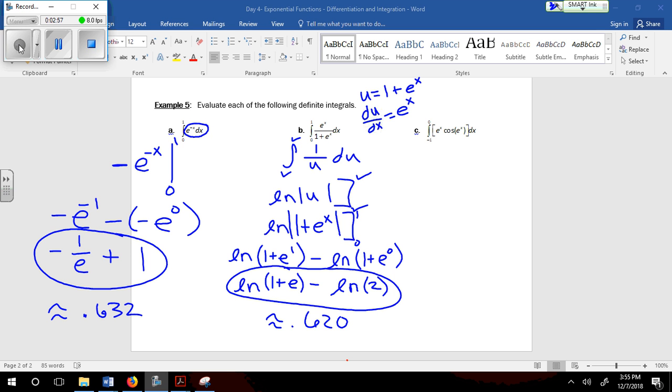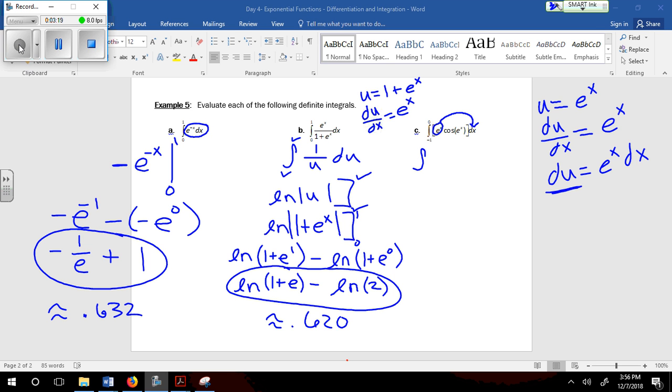So the last one, u would be e to the x. The derivative is e to the x. So this e to the x on the outside is taken care of when I replace e to the x dx with du.